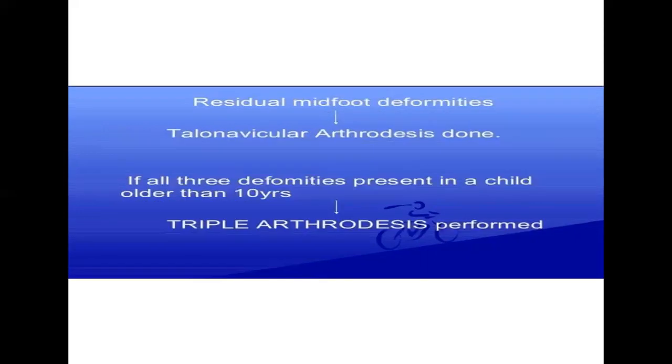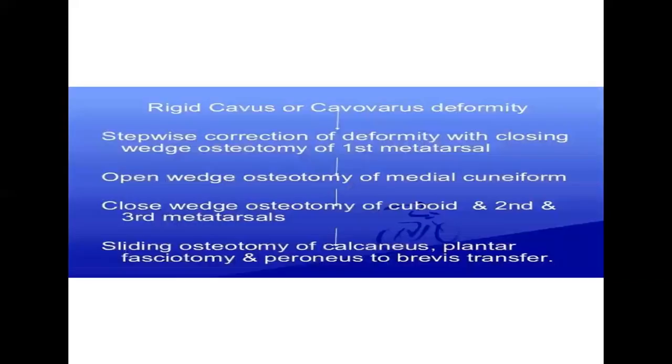Residual heel equinus in a younger child is corrected by Achilles tendon lengthening with posterior ankle and subtalar capsulotomies. In older children, a Lambrinudi arthrodesis is done. For residual midfoot deformity, talonavicular arthrodesis is done. If all three deformities are present in a child older than 10 years, triple arthrodesis is performed.